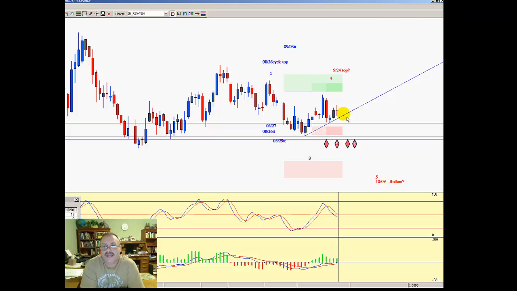And then we would of course be looking for the market to continue on down to the October 9th approximate time frame. Okay, so everything seems to be shaping up.